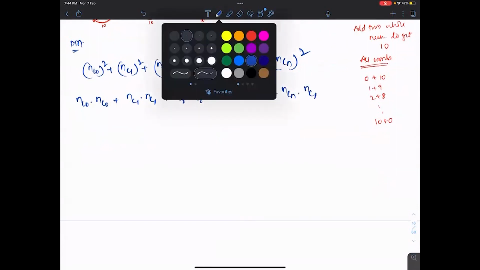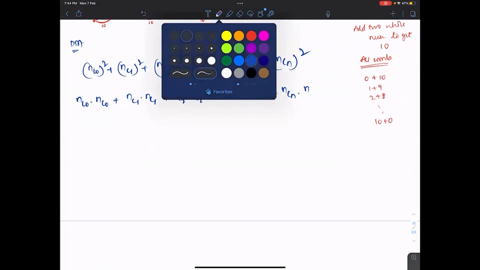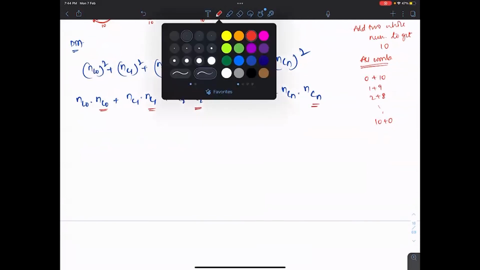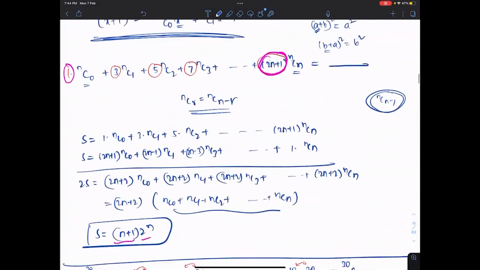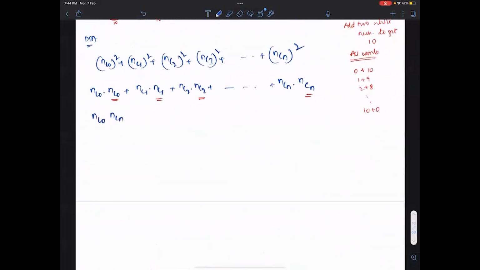Let us underline the second terms. For the second term you use this formula, NCr equals NC(n minus r). So it will become NC0 NCn plus NC1 NC(n minus 1), NC2 NC(n minus 2).